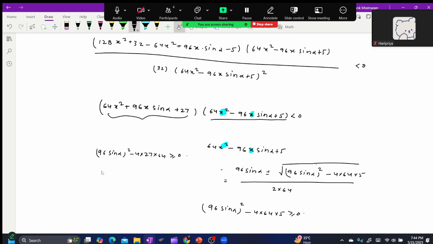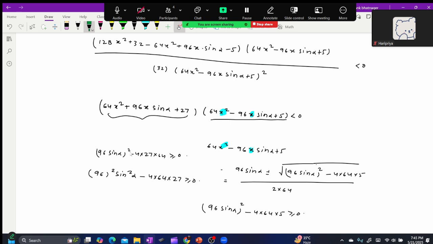If I have used this one, it is 96 square sine square alpha minus 4 into 64 into 27. I can do 96 into 96.